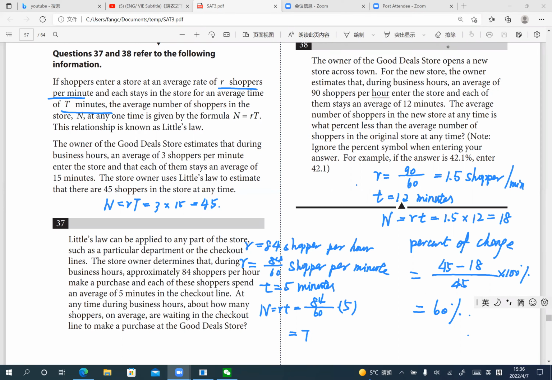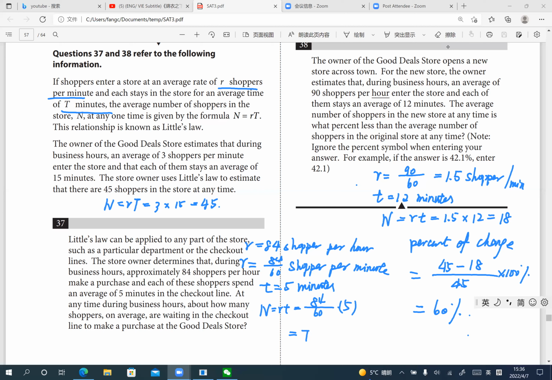The owner of the Good Deal store estimates that during business hours, an average of 3 shoppers per minute enter the store and that each of them stays an average of 15 minutes. The store owner uses Little's law to estimate that there are 45 shoppers in the store at any time.